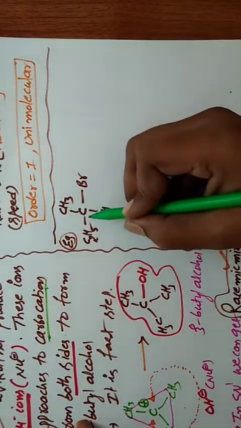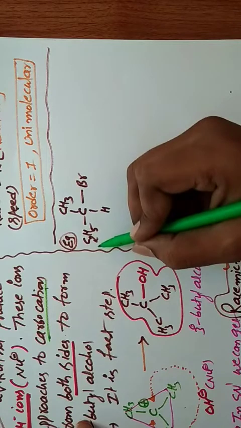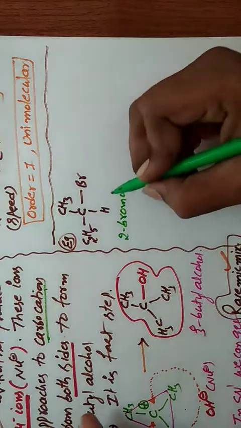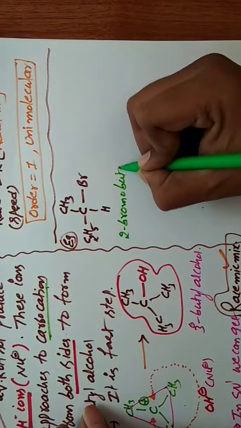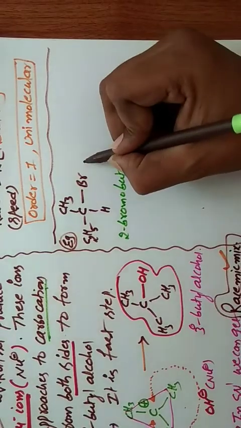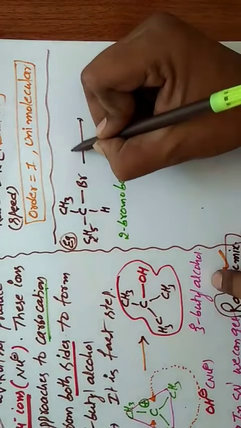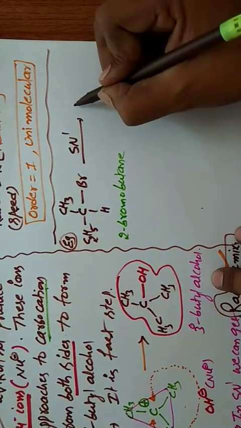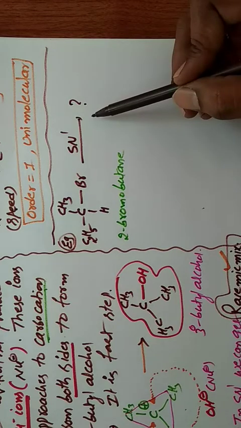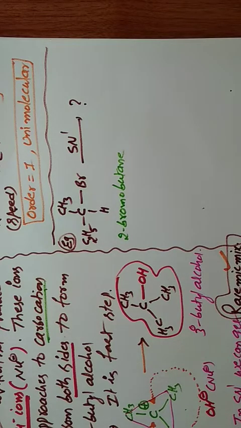If it is involved in the SN1 mechanism, identify the products. Sometimes in board and annual papers they ask this type of question. Whatever the reactant may be, we can follow the mechanism.